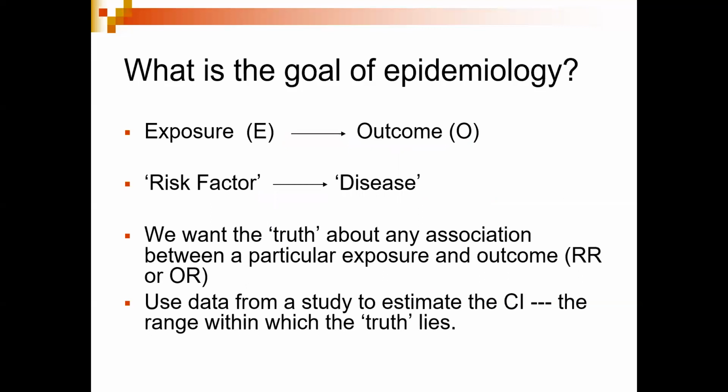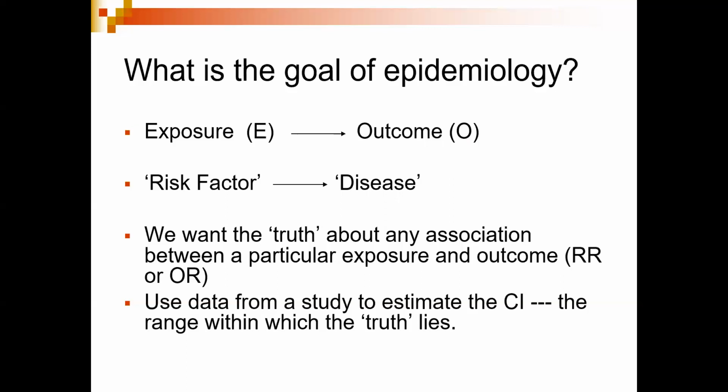So, as I said, we want to find the relationship between exposure and outcome, or risk factor and disease. And as we do that, we want to make sure whatever value we get is the true association between a particular exposure and outcome.